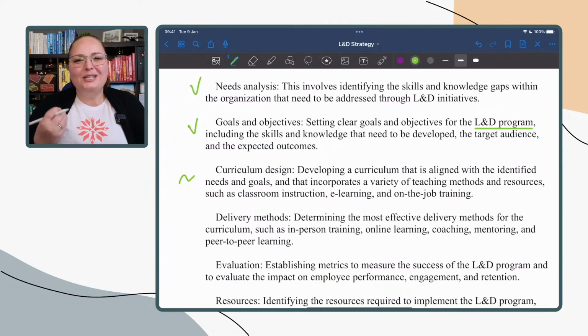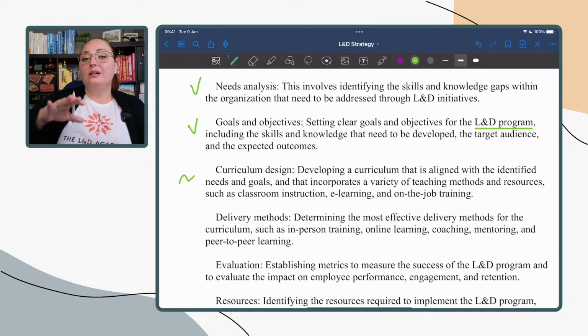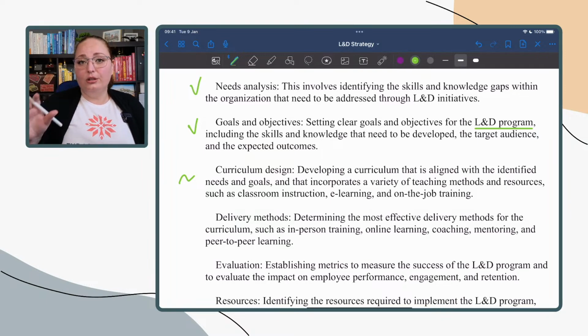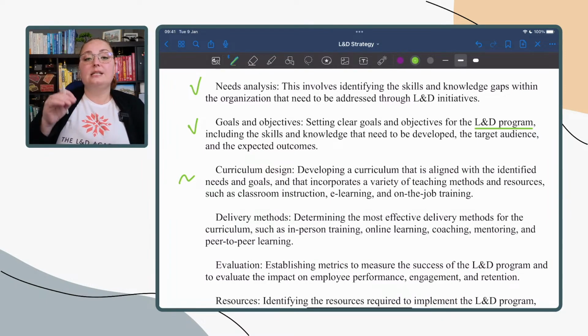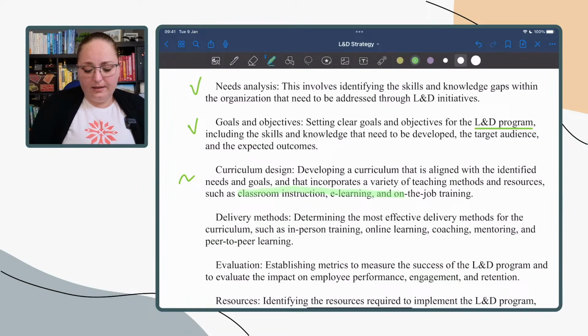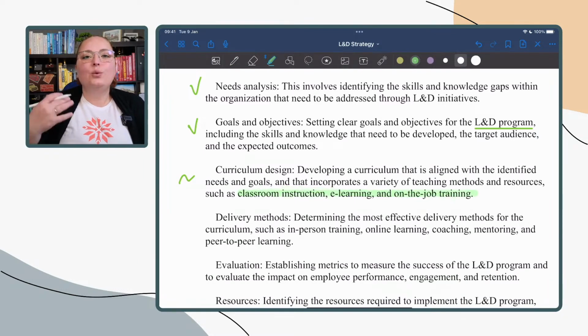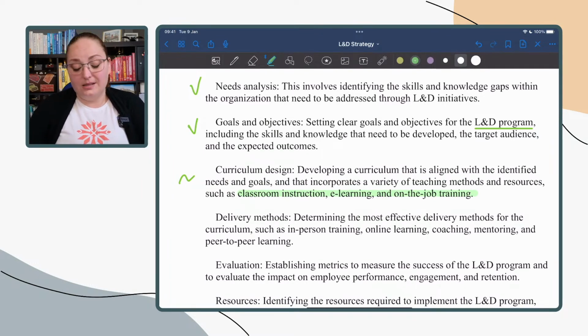You wouldn't actually sit down and design what the program is going to include, how it's going to be taught, and all that. You would consider the high-level content that you would include. You would consider the learning method. So this, for me, definitely checks out. But you wouldn't necessarily go into such granularity as the curriculum design itself.